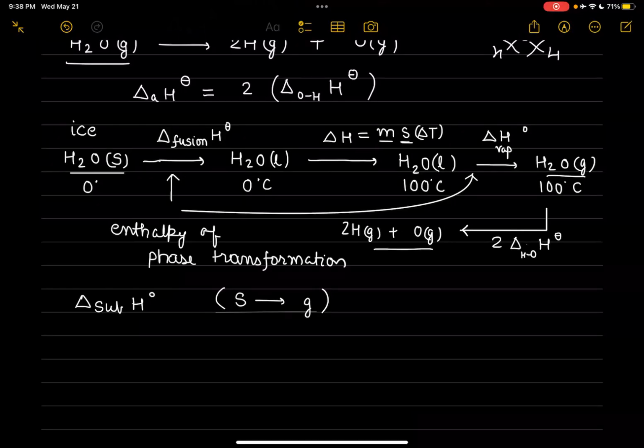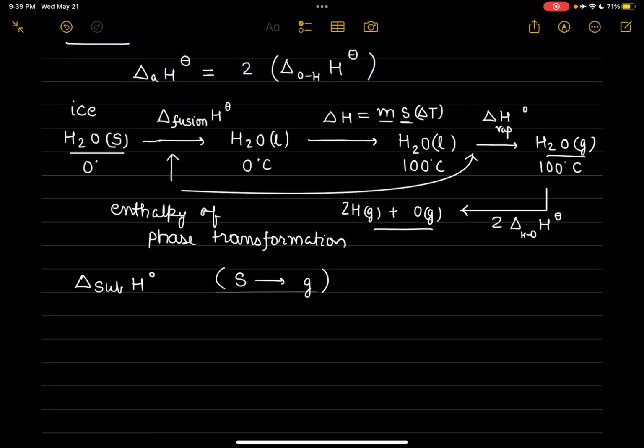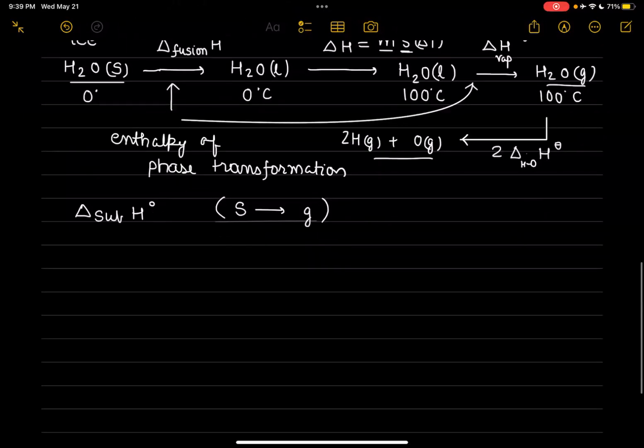Any doubts in this? So for bond enthalpy, if there are more than one bond, for example, in H2 there are two bonds, in methane there are four bonds, you take the average bond energies of all the four bonds. But the reactant should be in the gas phase, and the atoms formed should be in the gas phase.